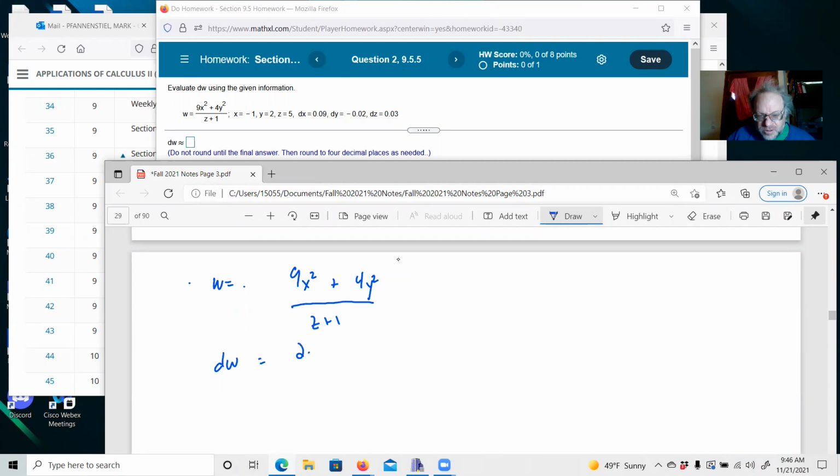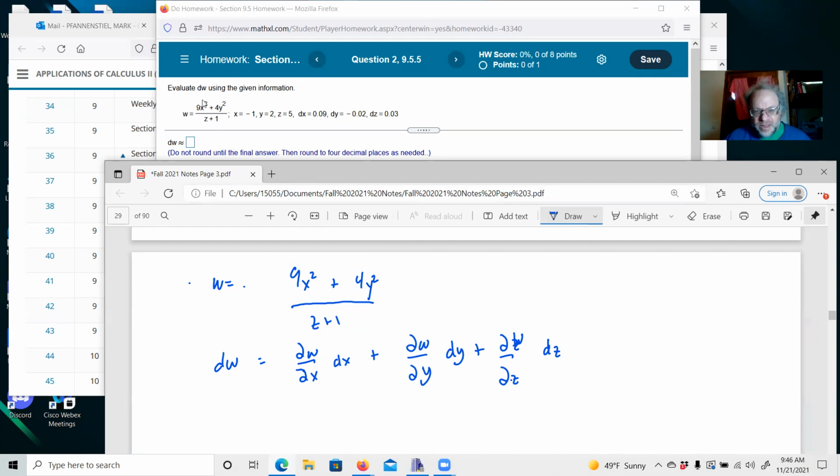That's going to be the partial of w with respect to x dx, plus the partial of w with respect to y dy, plus the partial of w with respect to z dz.